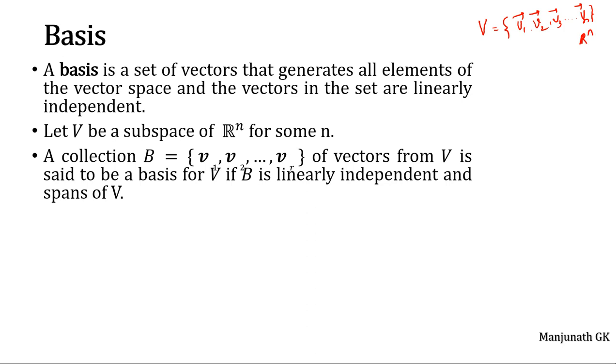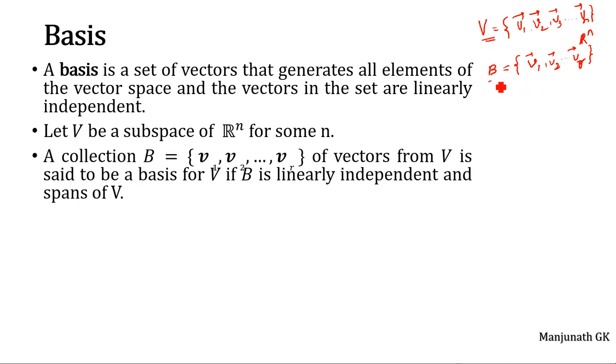Out of these vectors, consider one more set B. Only a few vectors are considered here, v1, v2 till vr, not till vn. Only vectors from v1 to vr are considered. They belong to the set of vectors V.